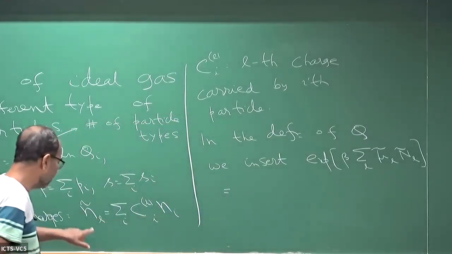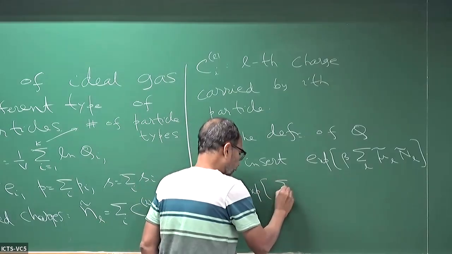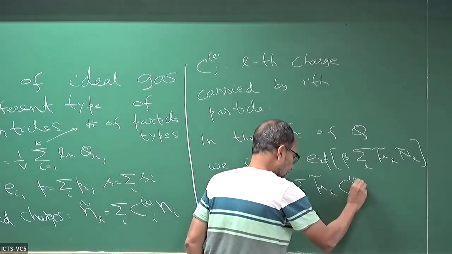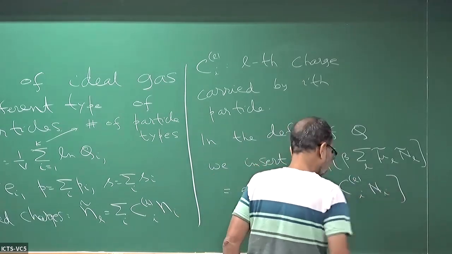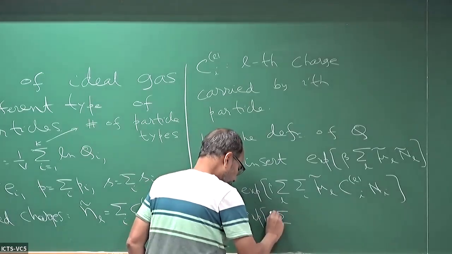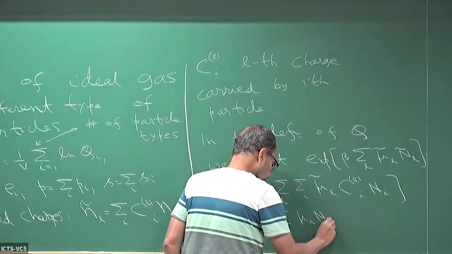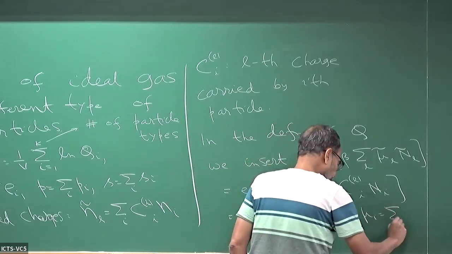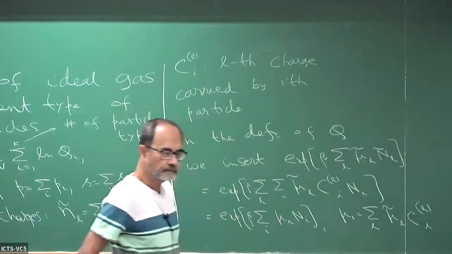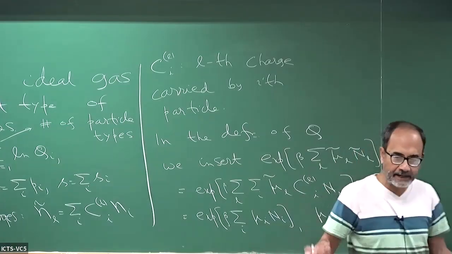I have written this for density, but you can also write this for total number, which is the capital N. This I can write as exponential sum over L and sum over I of mu tilde L C L I N I. So this becomes exponential, I can rewrite this just by exchanging the order, sum over I of mu I N I. So it's as if we have just a collection of ideal gases.